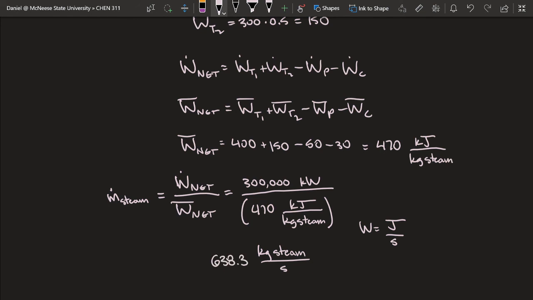Cool. Is it 3 repeating? Alright, cool. That's fine. And this is just an arbitrary number. I was just curious. So this is equal to the mass flow of the steam, and that's how you scale up. Pretty simple how to scale up.